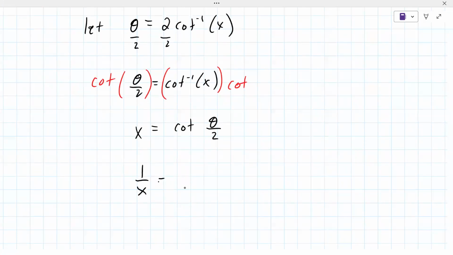So 1 over x equals tangent of theta over 2 because they're reciprocals. And then you really need a half angle formula for tangent. So I'm going to look for that because I don't remember it, and I wouldn't expect you to remember it either. Boy, oh boy. This is really going sideways.